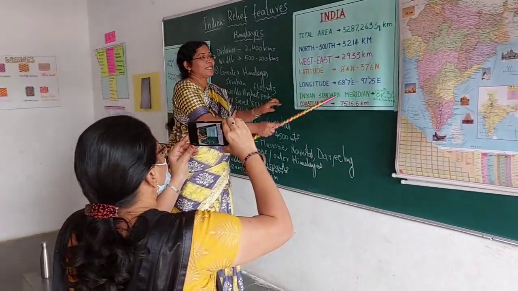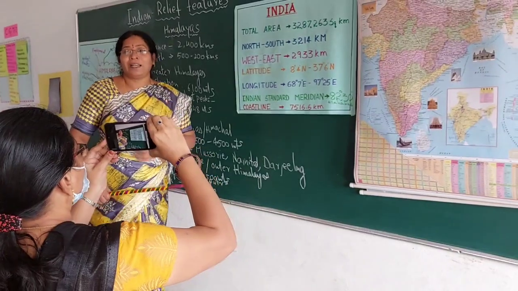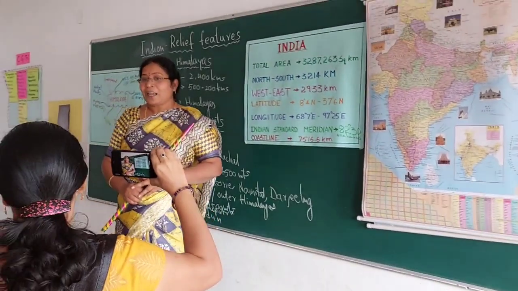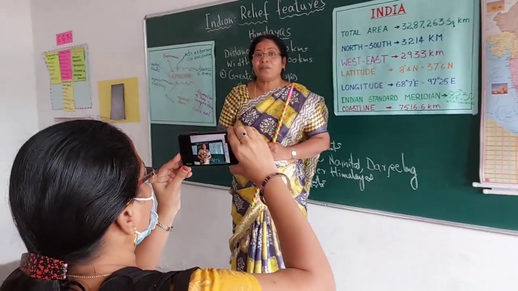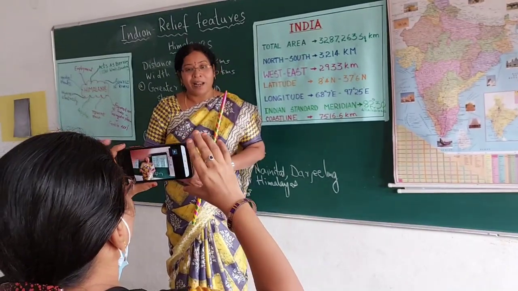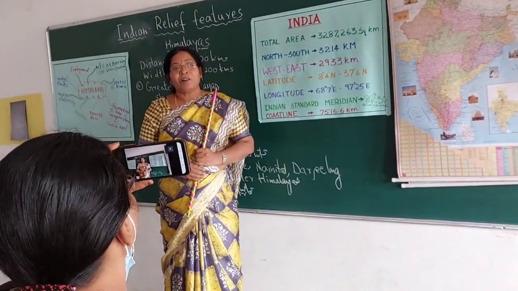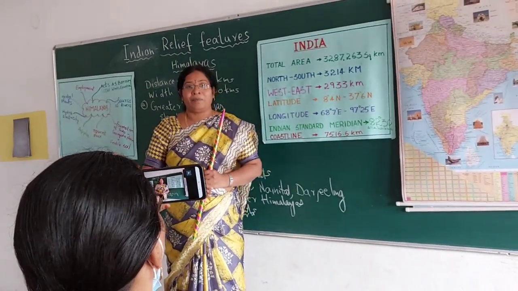Coming to the Indian Standard Meridian. What is a standard meridian? A standard meridian is a line which runs from Europe, that is from England, from London. This 0 degree longitude we have taken as a standard time.